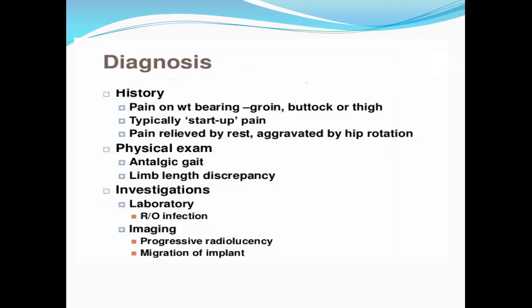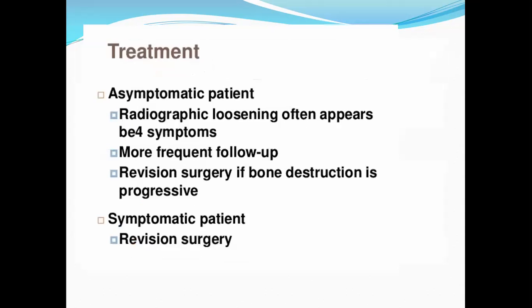Diagnosis in general is by history, pain, start-up pain, physical examination, antalgic gait, limb length discrepancy. Investigation: we concentrate on ruling out infection. Imaging: X-ray to show the progressive radiolucency and migration of the implant.